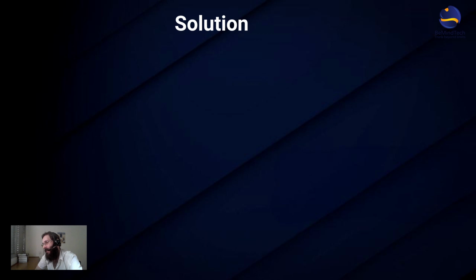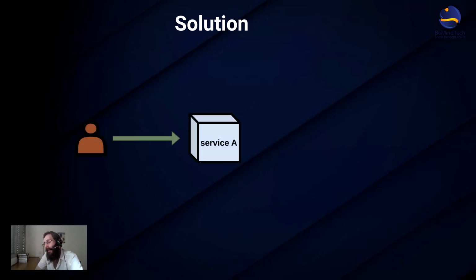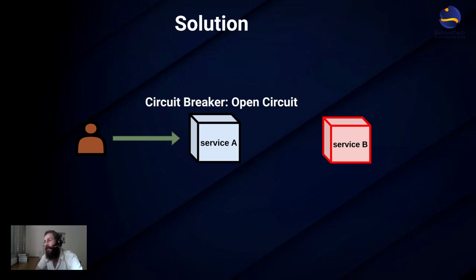So as I explained to them, if the caller sends a request to service A and service B starts with instability, we need to use an architecture pattern called circuit breaker. Circuit breaker has three statuses, and one of them is open circuit.